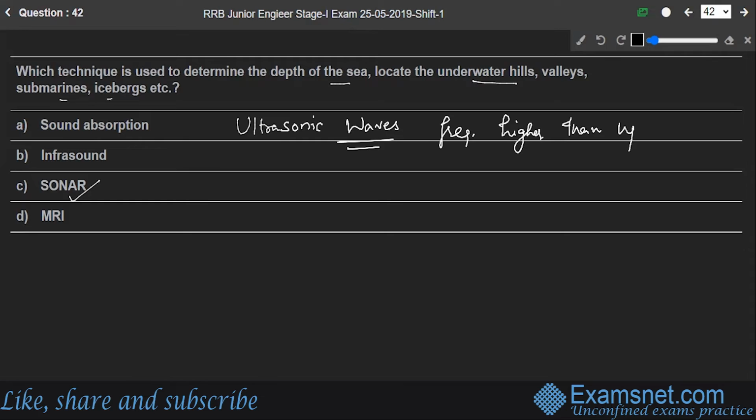And of course, they have a short wavelength.